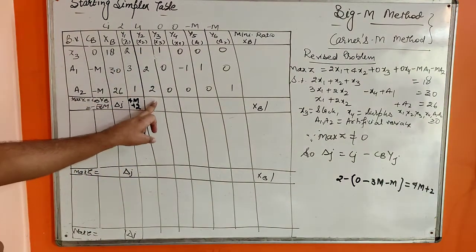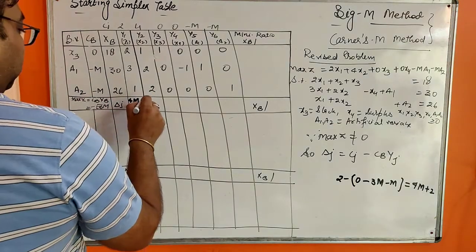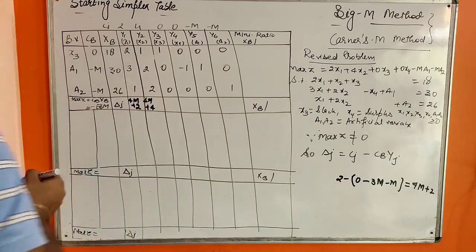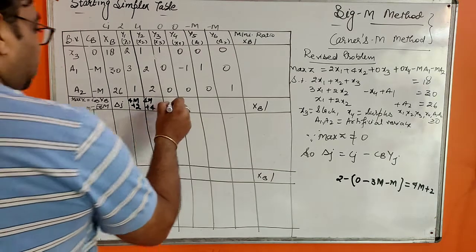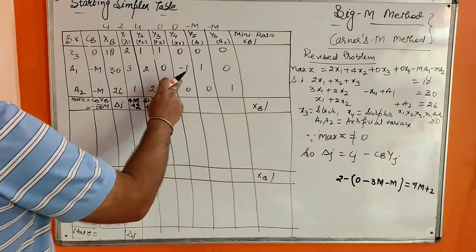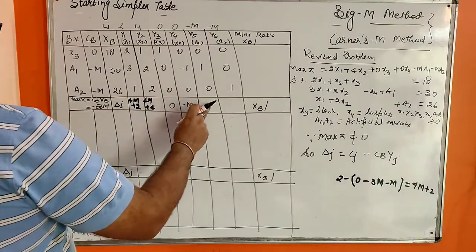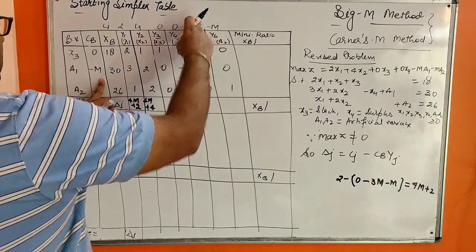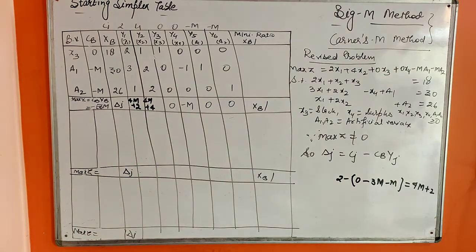Similarly, for the second, this will be 4m plus 4. For the third, this will be 0. For the fourth, this will be minus m. For the fifth, this will be minus m plus m, 0, and this is also equal to 0.